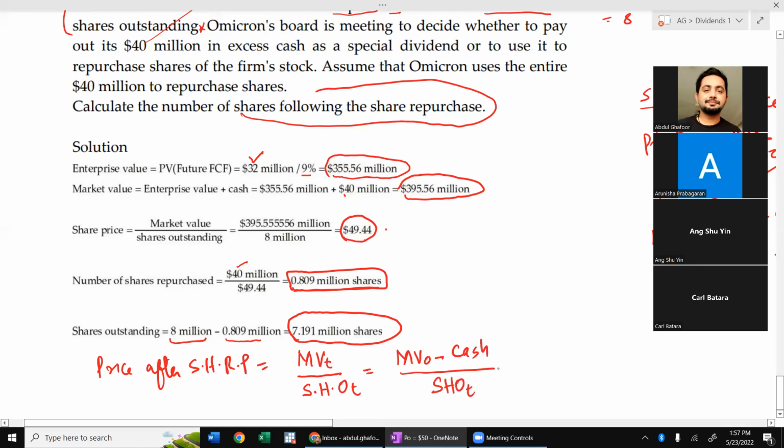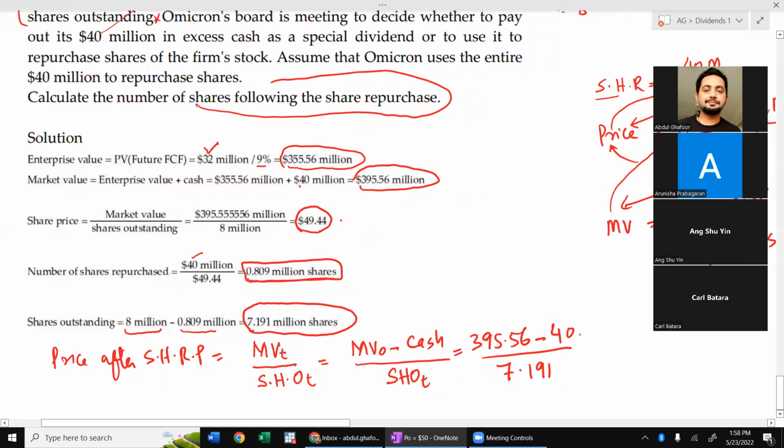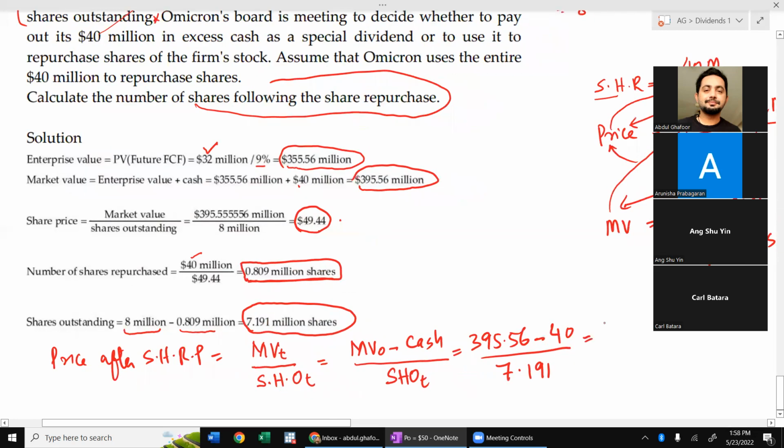What does MV_0 mean? Currently, what is the market value? So this is the market value, 395.56, minus 40, divided by 7.191. So is the answer similar or different, students?